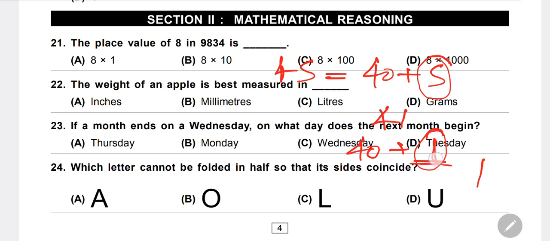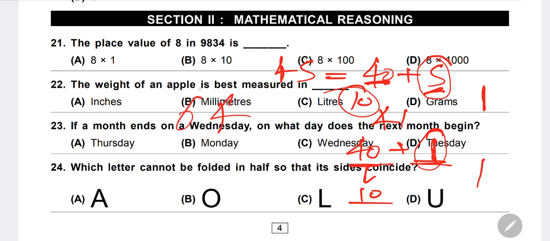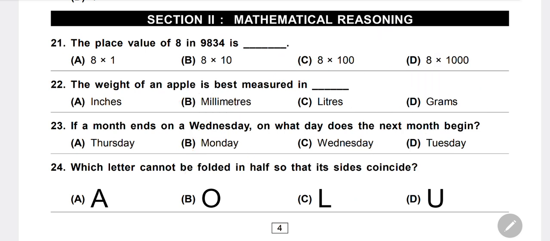Here the place value and the number are the same. Here the number is 5 but the place value is 1. Here the number is 40 but the place value is 10. So for a two digit number like 64, the place value of 6 is 10 and the place value of 4 is 1. Clear?